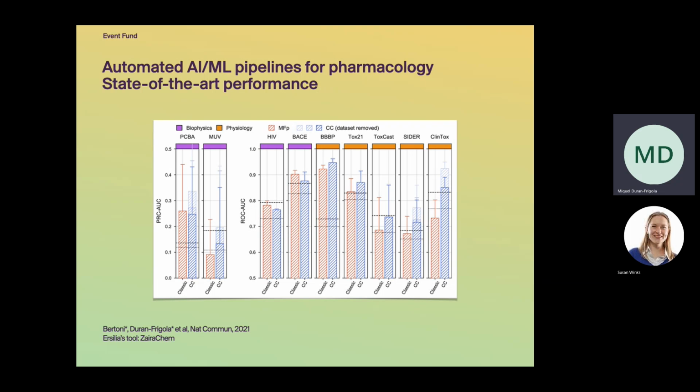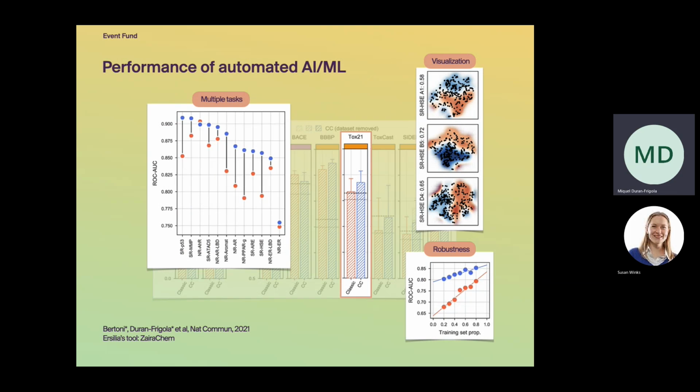It's able to use the information that is available out there to actually have better starting points for the models. And this is especially true for the physiological tasks, the tasks that are more difficult or more advanced in the clinic, in the drug discovery pipeline. Let's focus very, very briefly on one of these tasks, the TOX21 in this case. This benchmark contains 12 toxicity pathways that are very important to monitor during the drug discovery process.